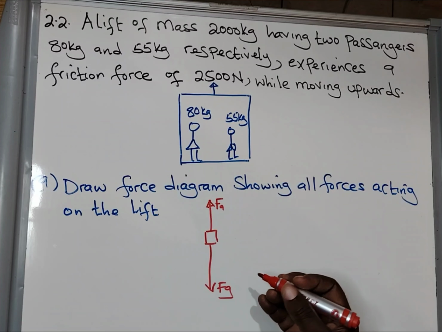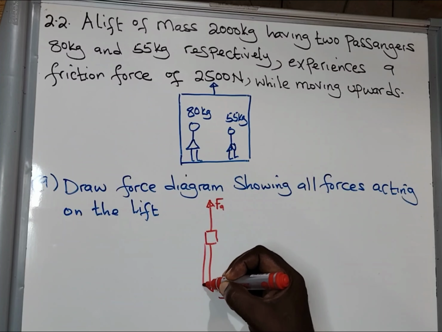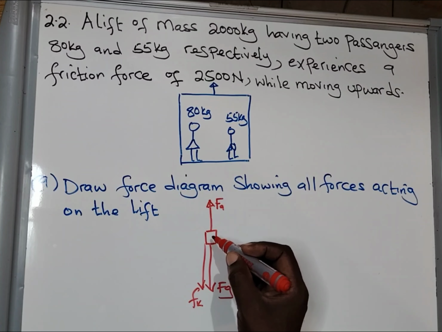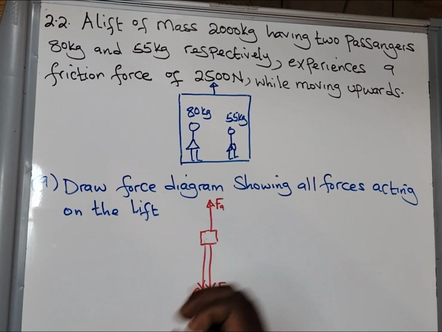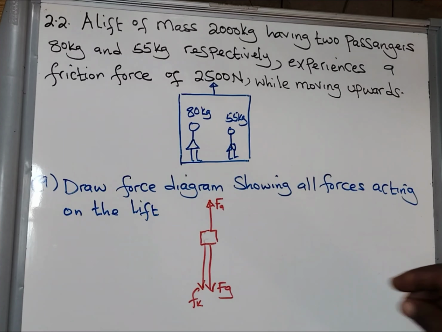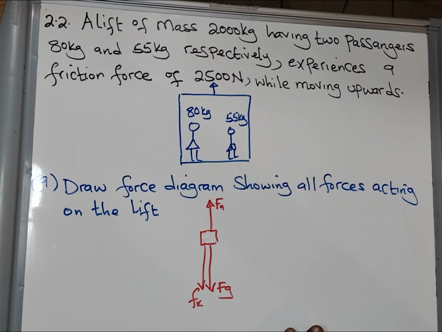What other force do we have? We have the friction force, because it was indicated that it is there. We don't have a normal force because the lift is hanging, it's not sitting on the ground. So these are the forces which are acting on the lift.